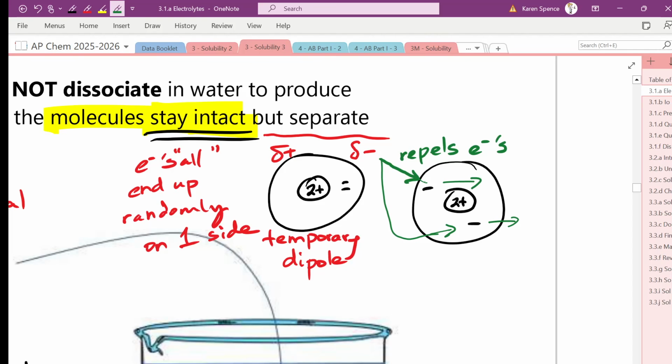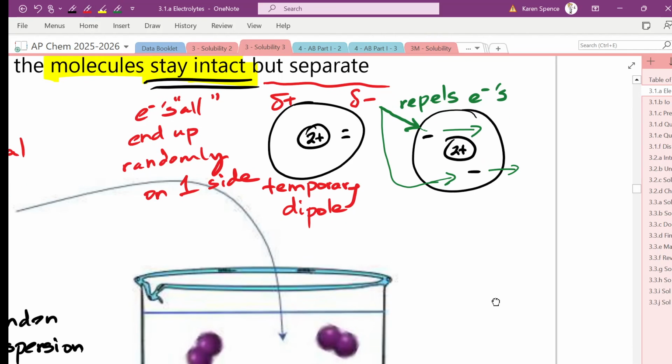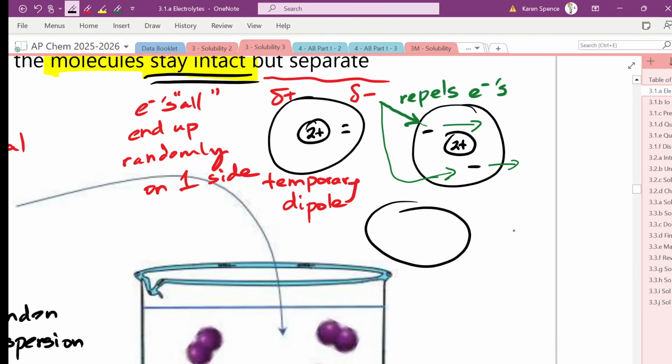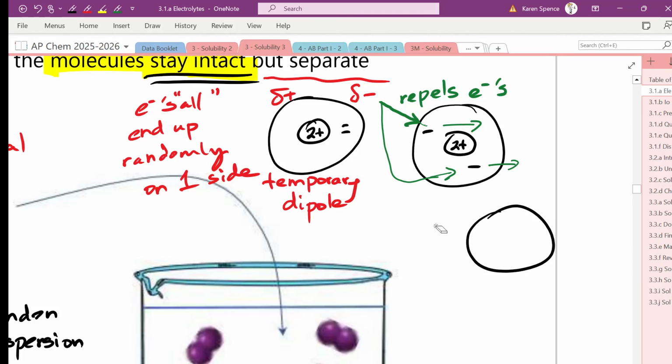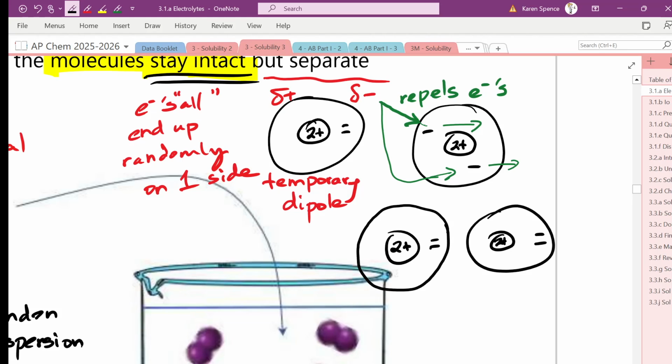So what's going to happen then is we are going to end up with... those are too close together. I did not mean to make them touch. Two electrons here, 2 plus, 2 electrons here.